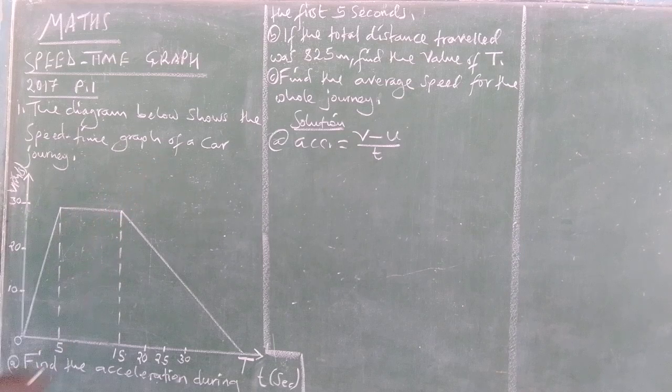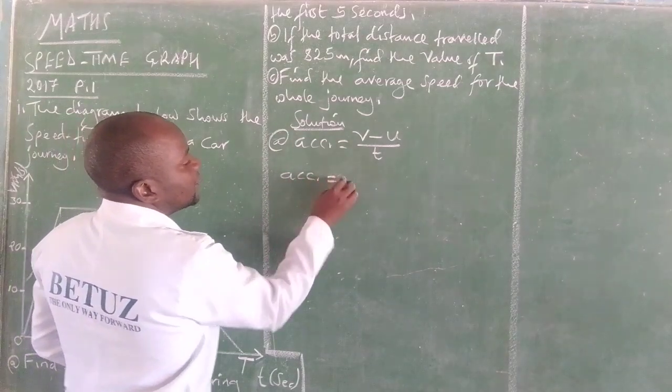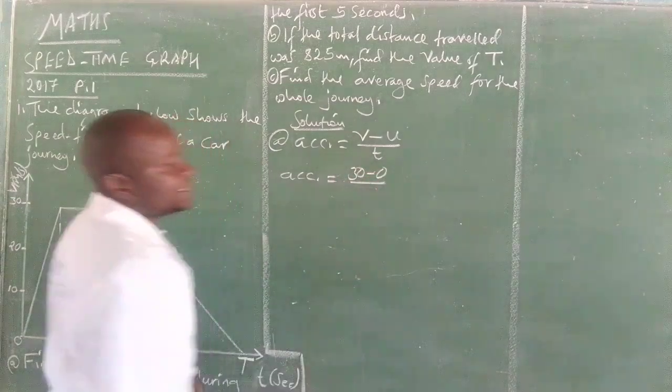The final velocity, V, is the point where the acceleration ends, which is here. The figure is 30, and the initial velocity is where it starts from, which is 0. So we have final velocity 30 minus 0, divided by time.